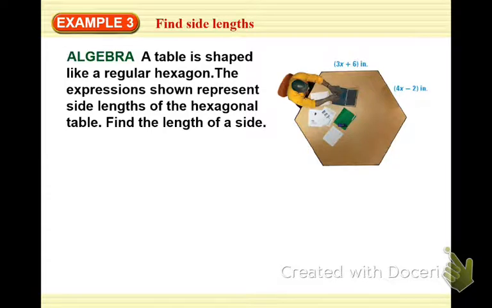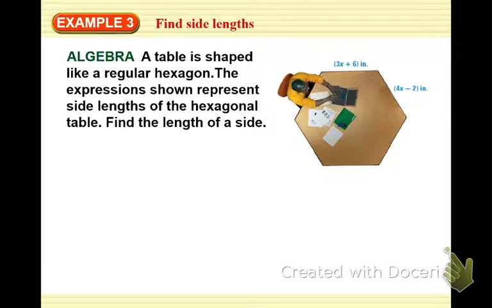Okay, algebra problem. This is a regular hexagon. So what do we know about its sides? They're the same. So if I want to find the length of one side, what do I have to do with these two algebraic expressions? Each one represents a length of a side. Go ahead. Yes, you.